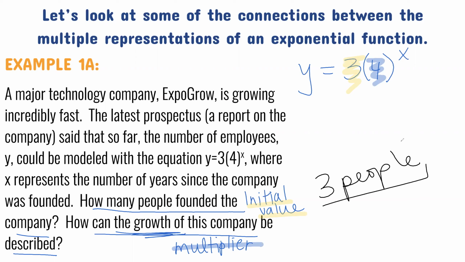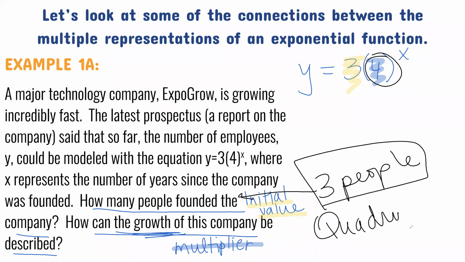And how can the growth of this company be described? Well, it looks like it's quadrupling. It's growing by a factor of 4 each time, right? I don't know how to spell quadruple. But it's quadrupling every time. It's multiplying by 4. Is it every year?